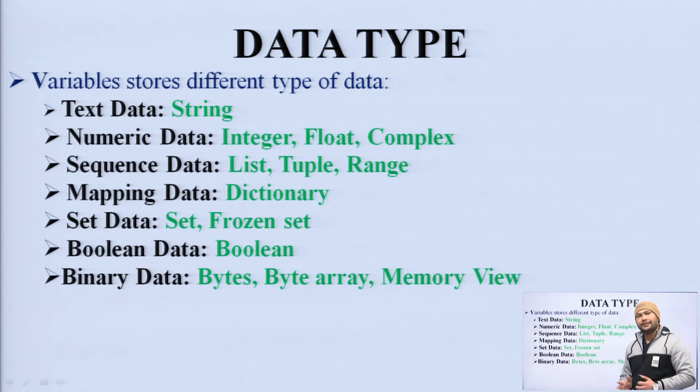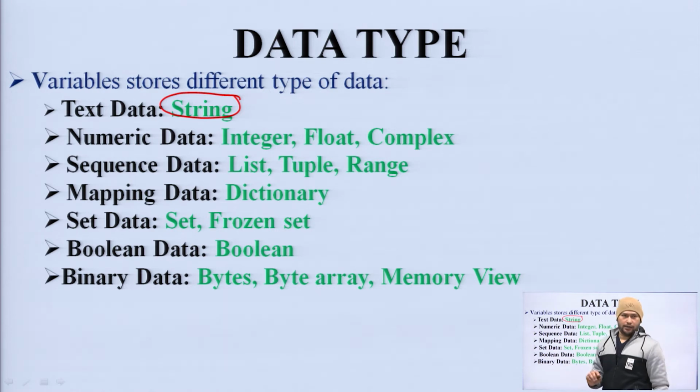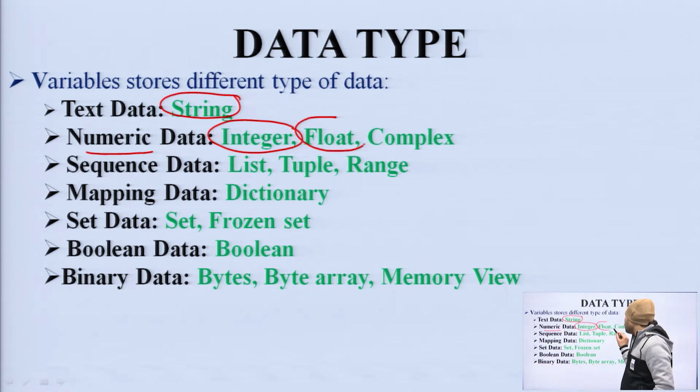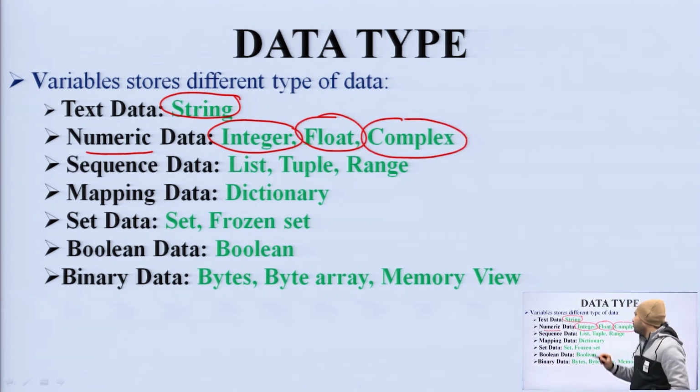Now, in these data types you can see that there are sub data types. For example, in the text data type it is the string data type. In the numeric data type we have 3 sub data types: integer, float, and complex.